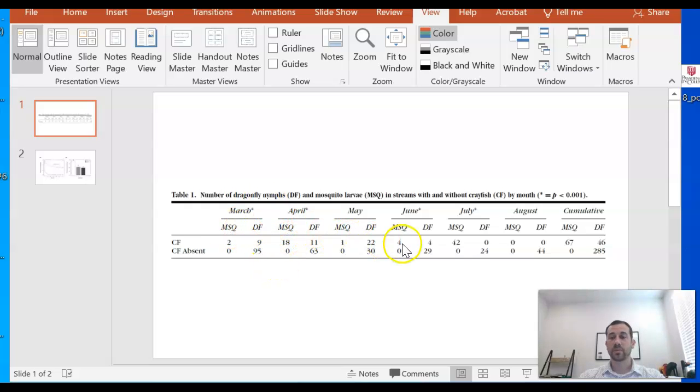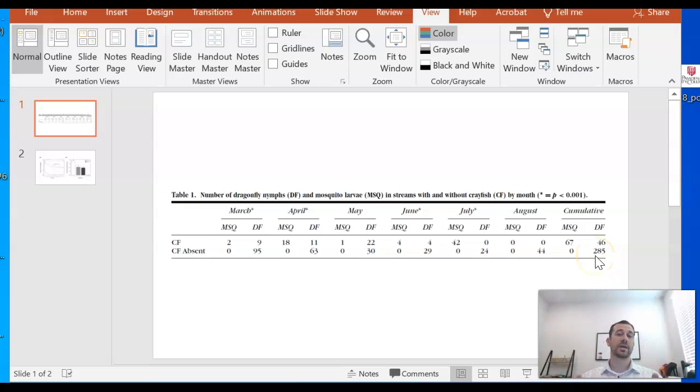So we don't have to go month by month here, but we can look at the cumulative score, which shows that when there are crayfish around, you have more mosquito larvae and fewer dragonfly nymphs. And then when crayfish are absent, you're going to have almost no mosquito larvae and a lot of dragonfly nymphs.